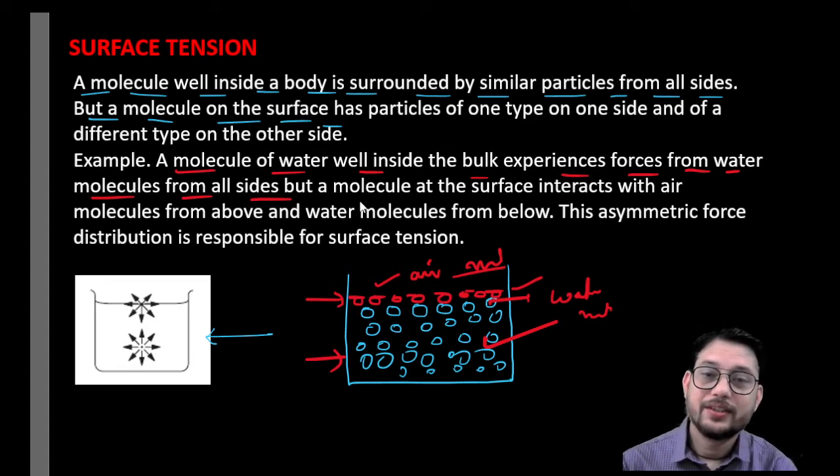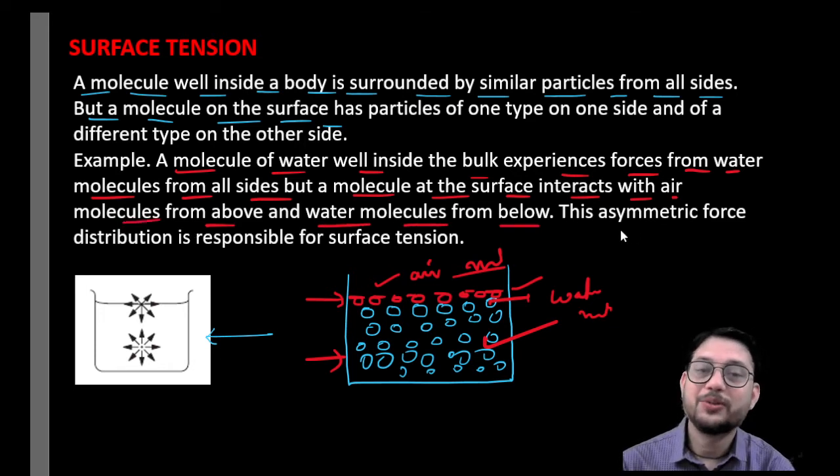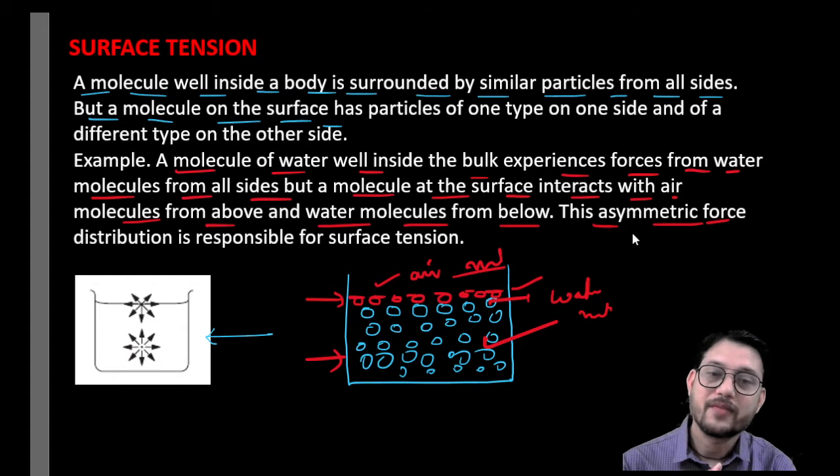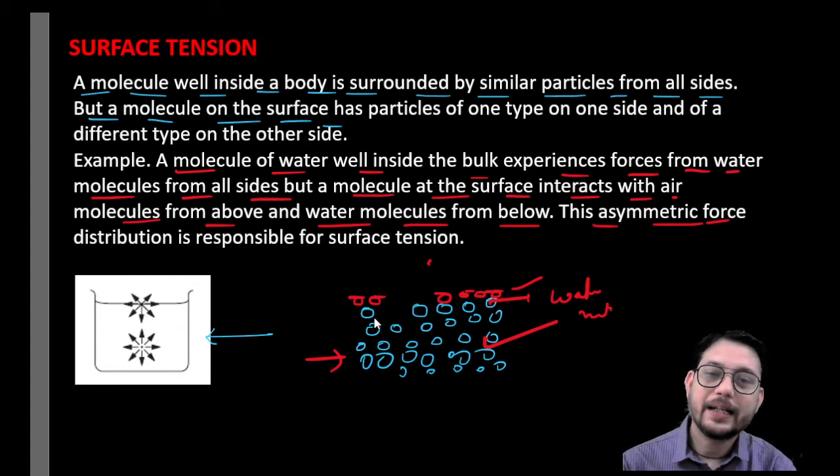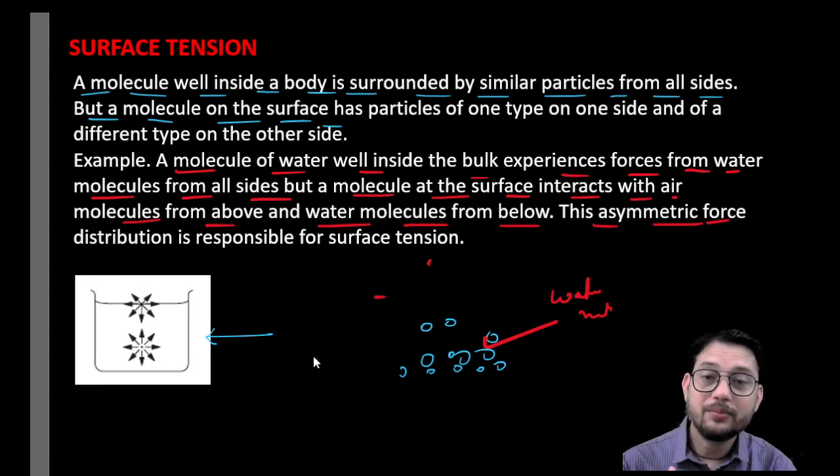So when the molecule at the surface interacts with air molecules from above and water molecules from below, this gives an asymmetric force. Asymmetric means we have a certain resultant force. Let's make another diagram to make it clear what I am trying to explain.